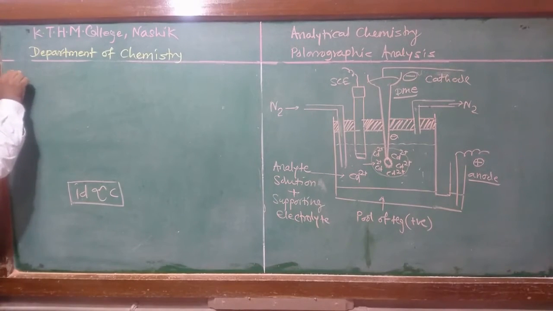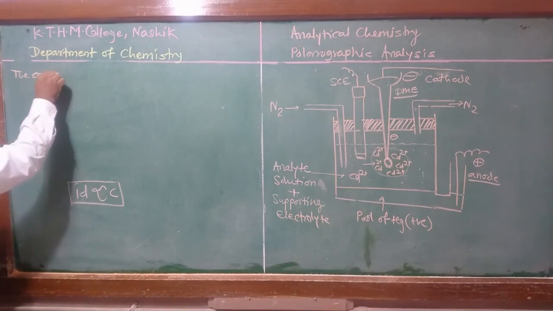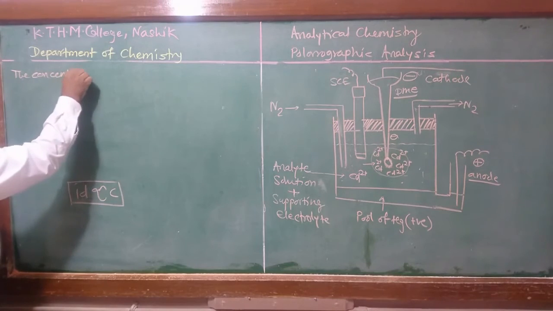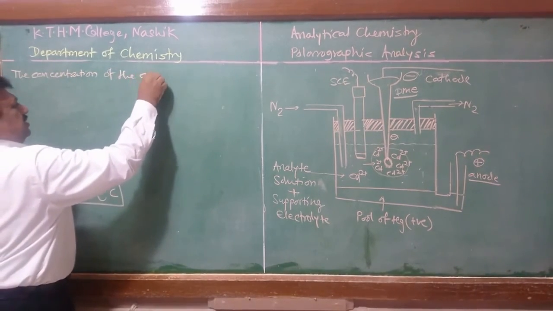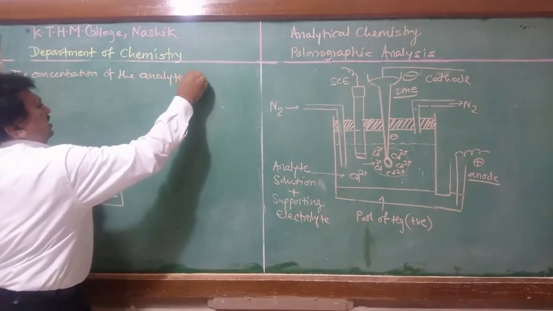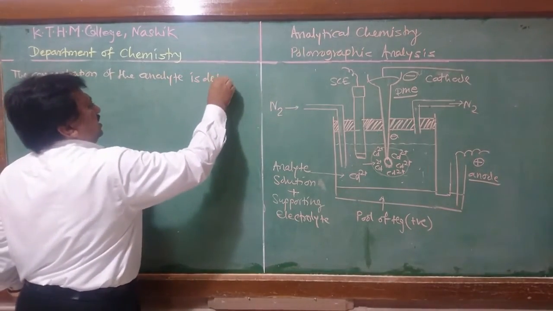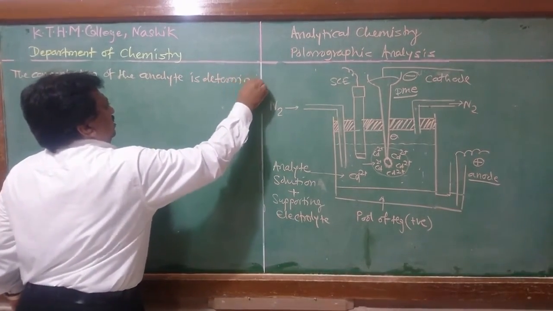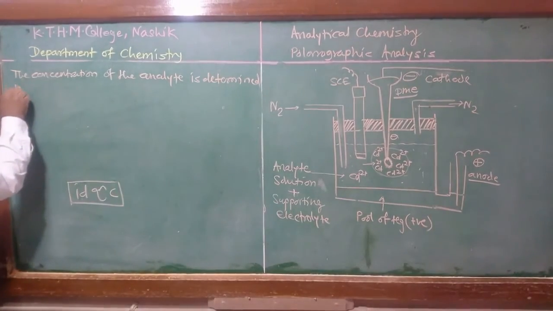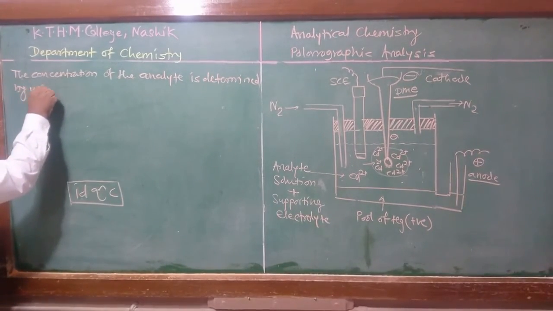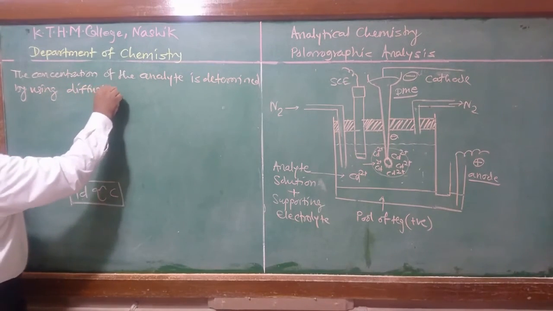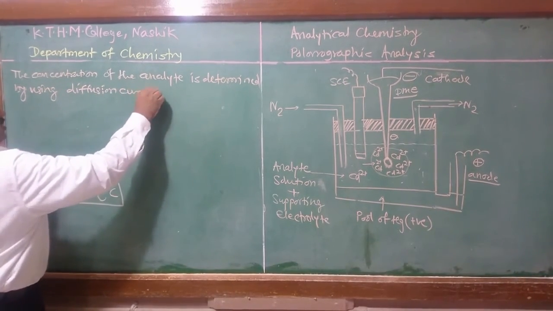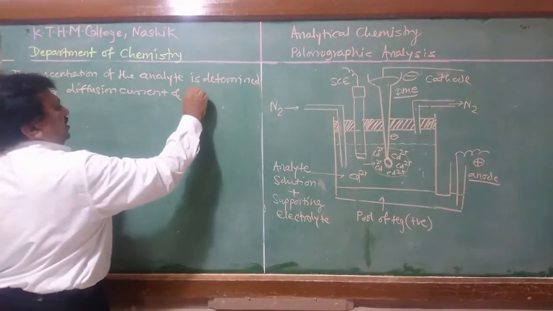The concentration of the analyte is determined by using diffusion current and the Ilkovic equation.